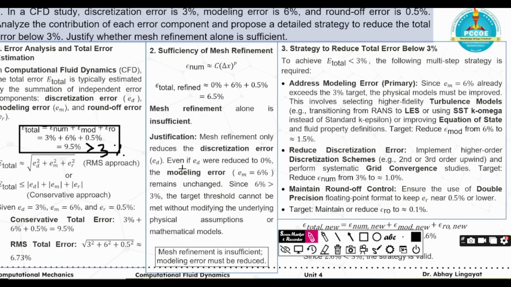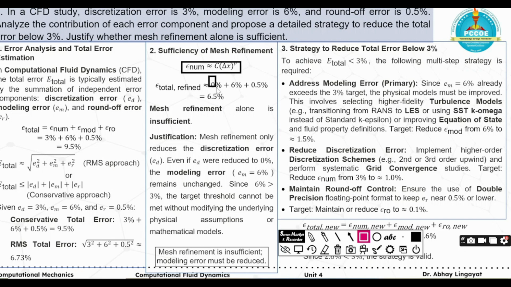Let's check it. So mesh refinement primarily targets the discretization error according to the Taylor series expansion. For the scheme of order P, the discretization error scales as numerical error equivalent to C into delta x to the power P. If we were to refine the mesh infinitely such that delta x tends to 0, the discretization error would approach 0.